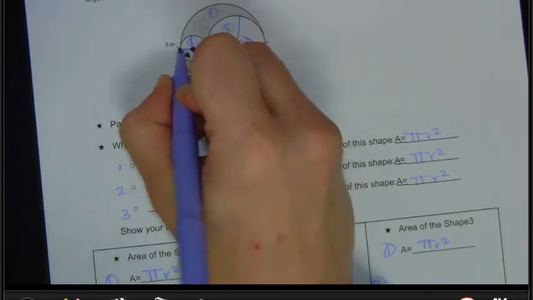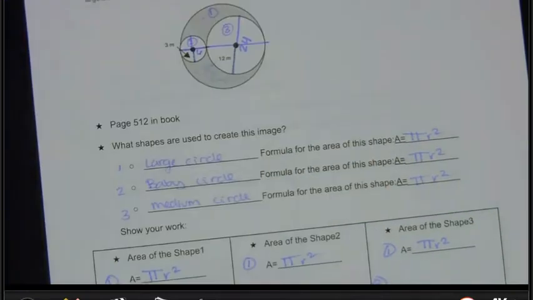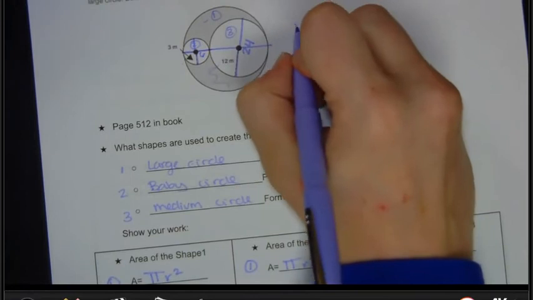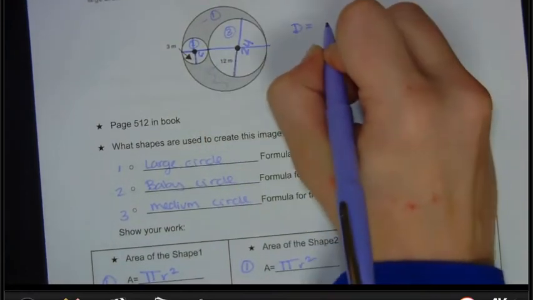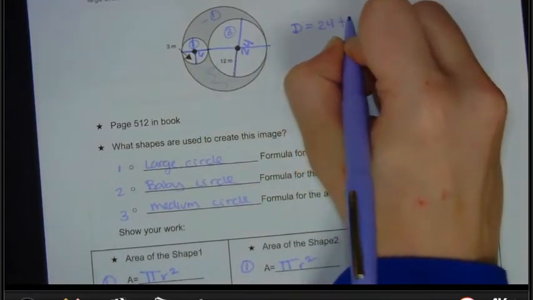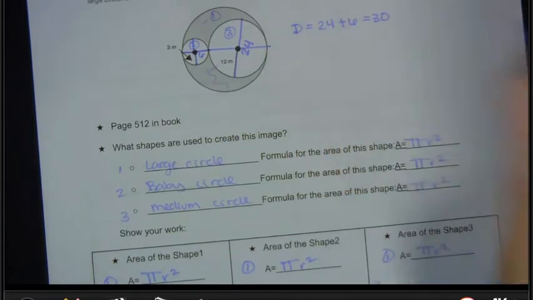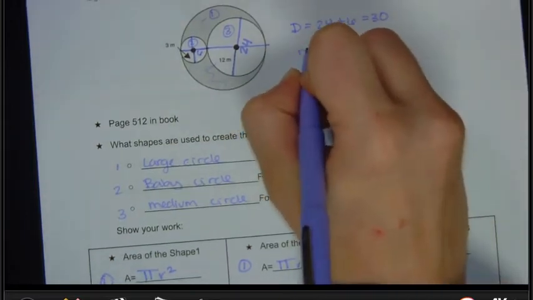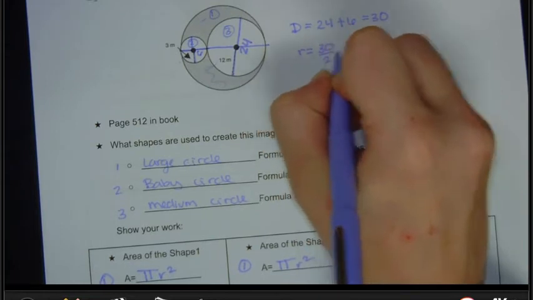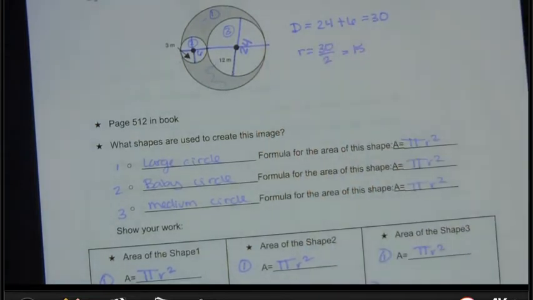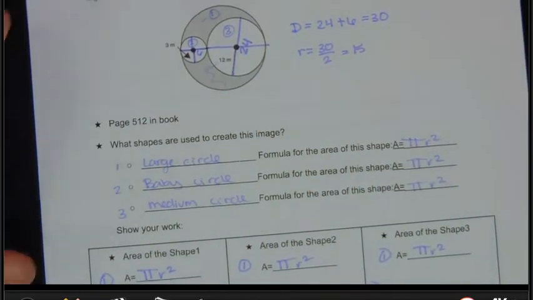This right here is also known as my diameter. As long as I'm going from endpoint to endpoint through the center, I'm going through the diameter. So my diameter for my large circle is 24 plus 6, which equals 30. Okay. Well, radius is 30 divided by 2, and that is 15. Okay, that is 15.